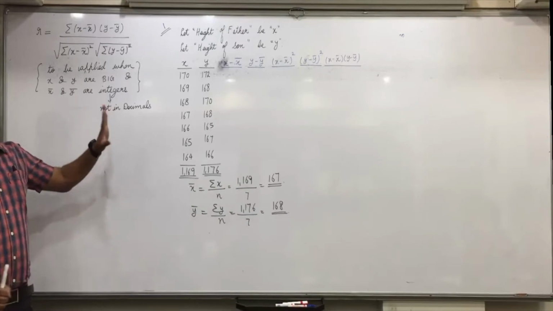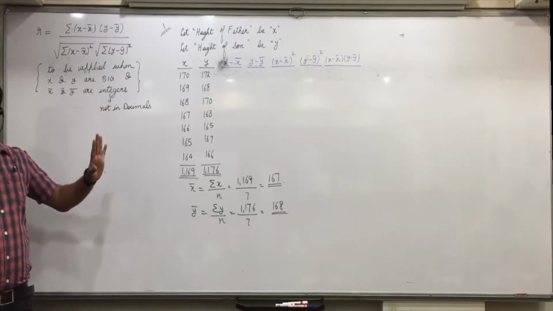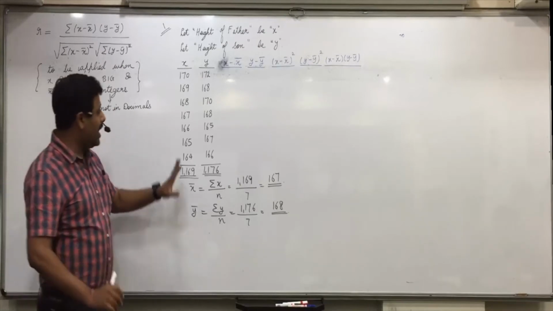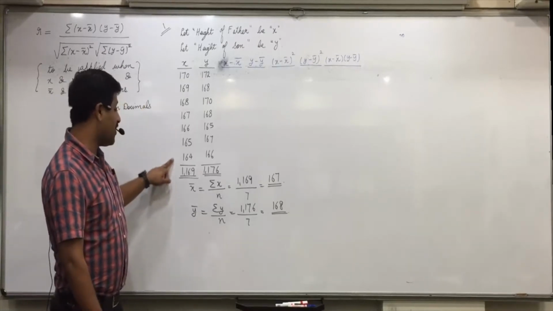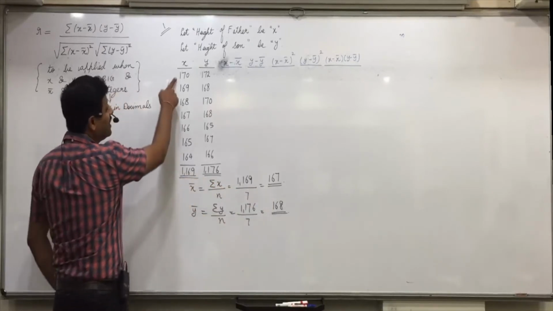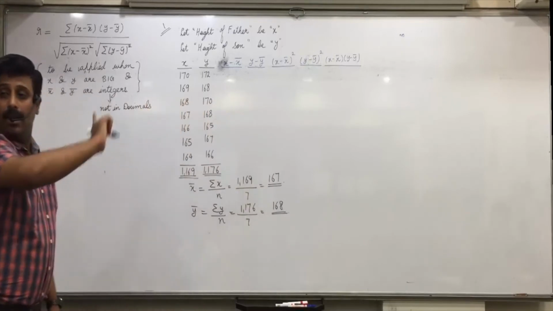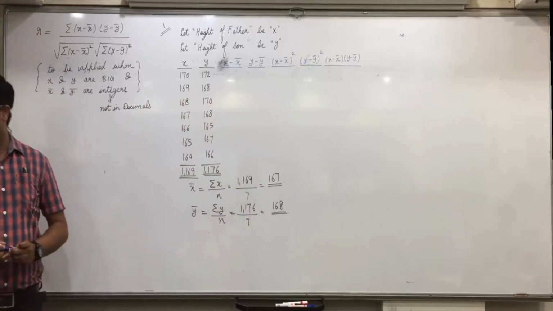Yes. So for x minus x bar, I am giving you a shortcut, but first I'll explain the actual concept also. X minus x bar means from all the values of x we have to subtract 167. Did you all write these headings? Write it down.